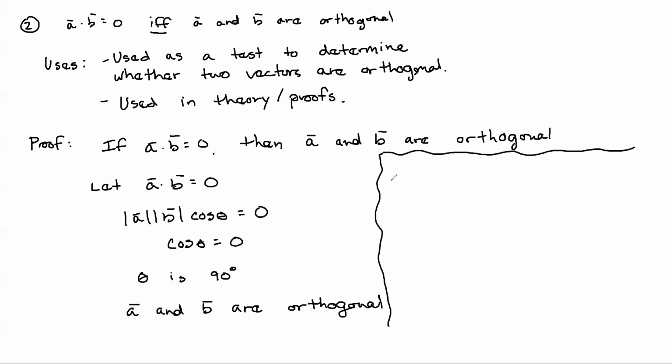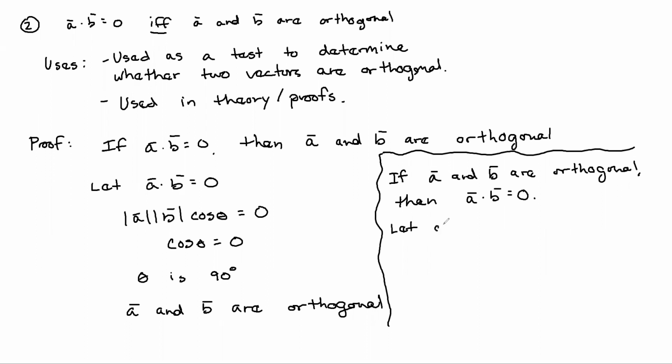So to prove the other side, we're going to say if A and B are orthogonal, then A dot B equals 0. So we can start off with let A and B be orthogonal.